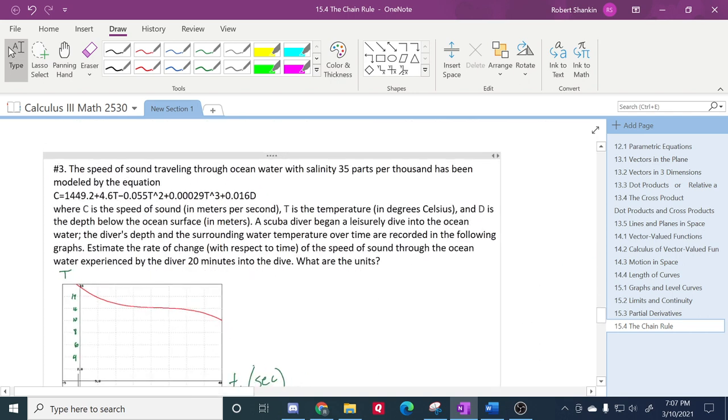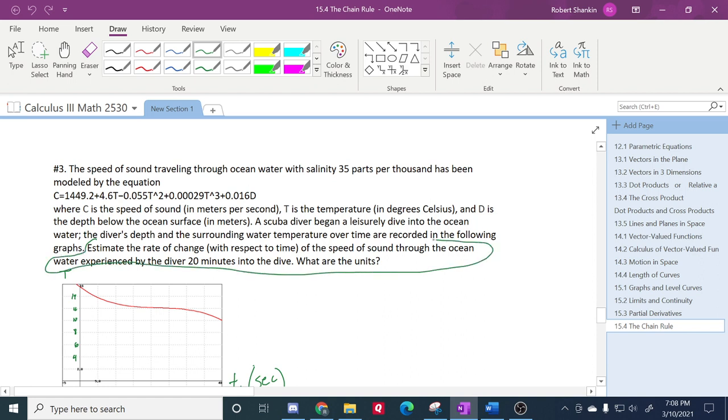Okay, let's go back to the question. Estimate the rate of change with respect to time of the speed of sound through the ocean water experienced by the diver 20 minutes into the dive. This portion is telling you what to find, and that's what I want you to complete right now.